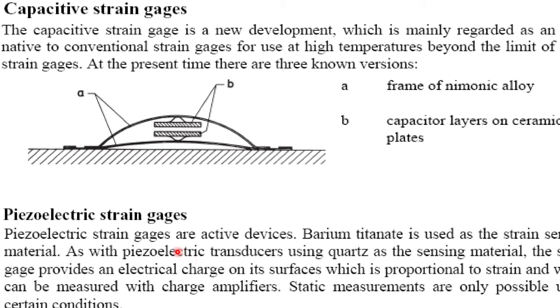The basic principle is, this is a crystal of barium titanate, or some other materials are also there, quartz or crystals of these things. If you apply some charge across that quartz, it will vibrate, where it is used as an ultrasonic wave generator in our NDT testing.